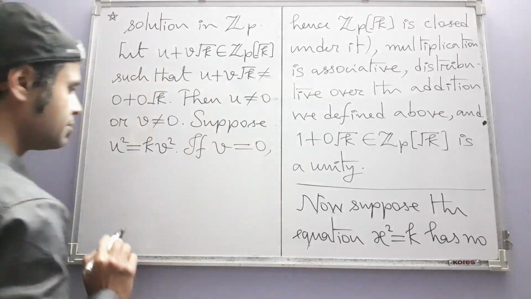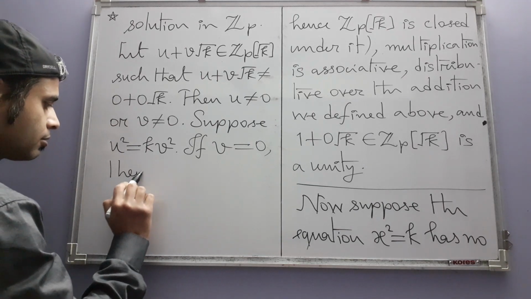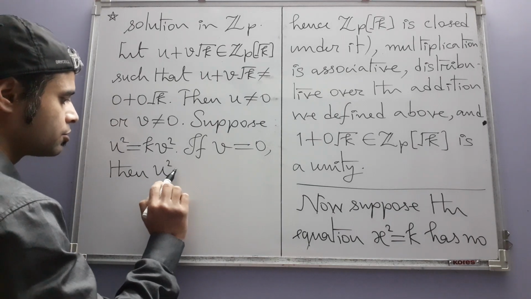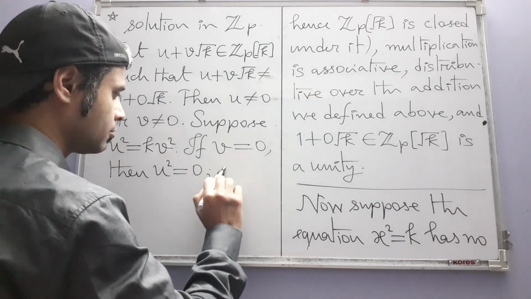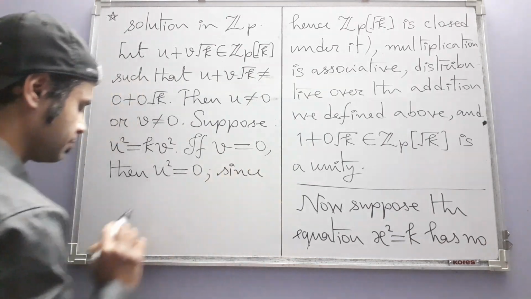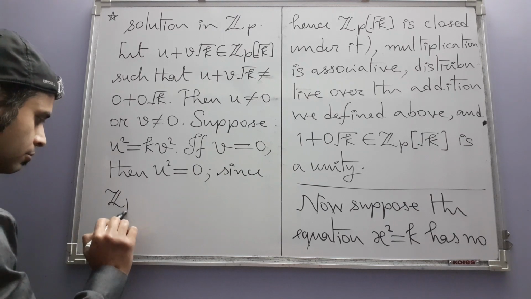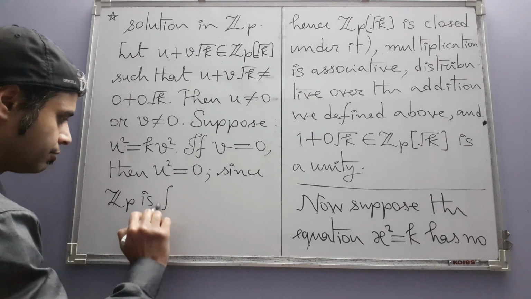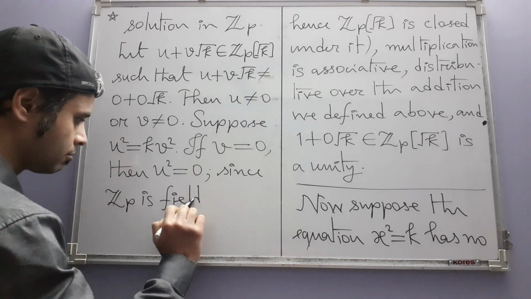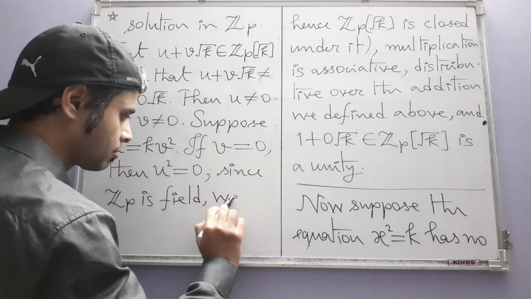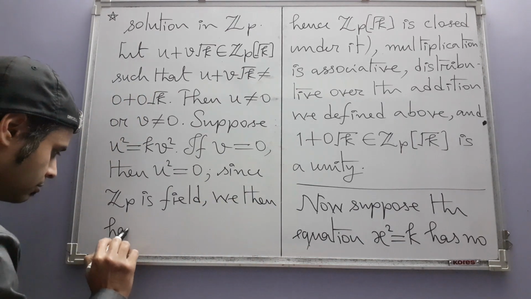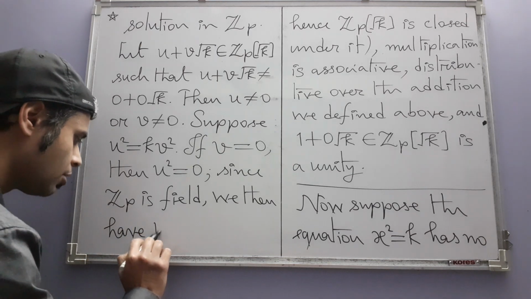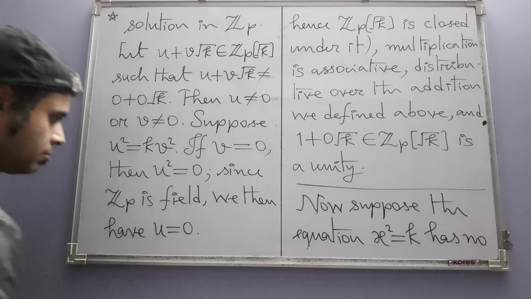But if v is 0, then u square is equal to 0, since this is a field, we then have u also equal to 0.